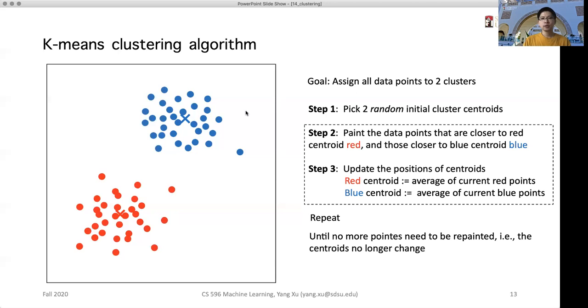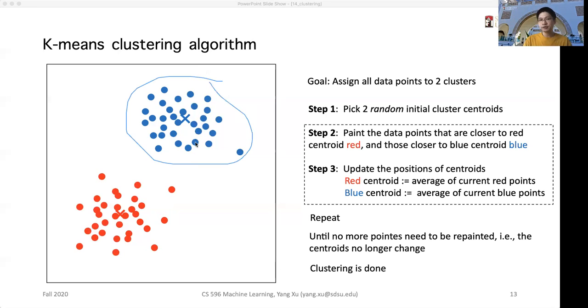So the resulting colored pattern is the clustering result. We can conclude that all the data points up here belong to the first cluster indicated by the blue color, and all the data points at the lower left bottom belong to the second, red cluster.